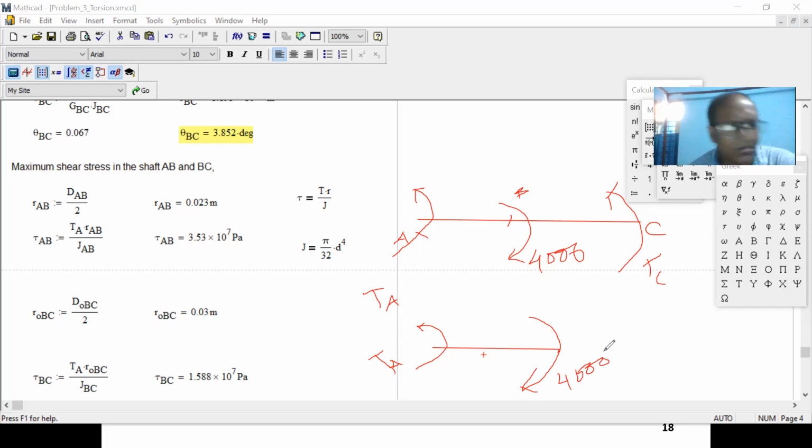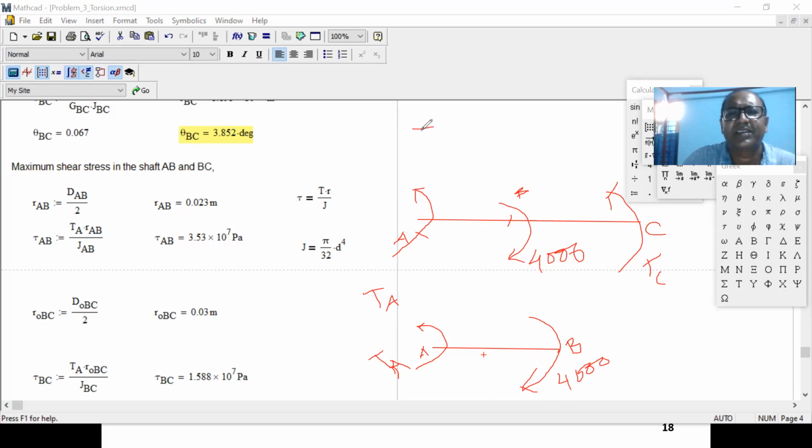In that case, what will happen? TA will be 4,000. That means this 4,000 load torque is entirely carried by shaft AB, right? Then what will be the value of TC? Zero.